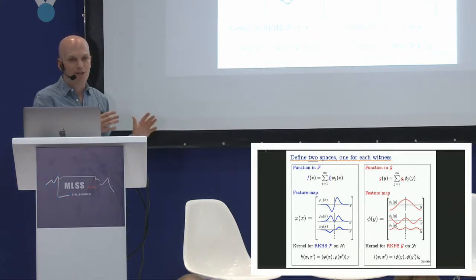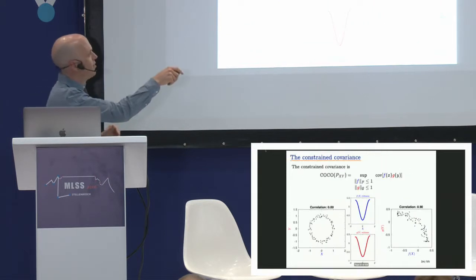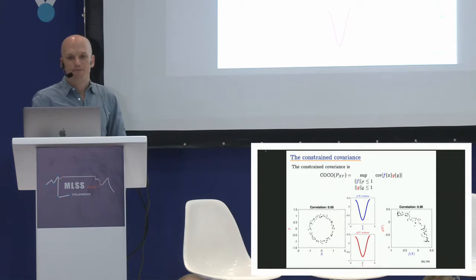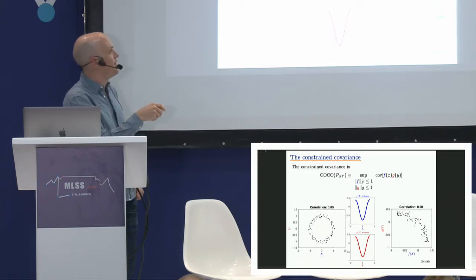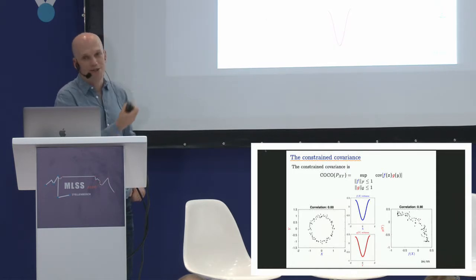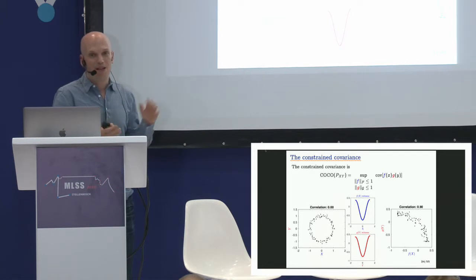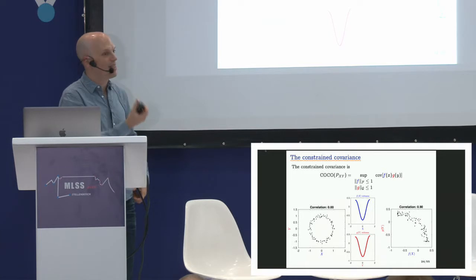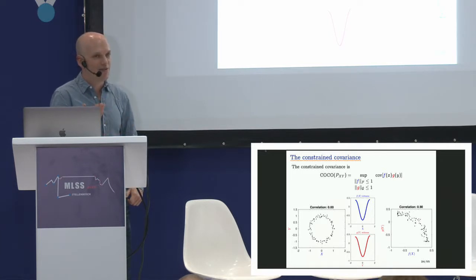If these two constraints hold, then this thing is correctly defined. And this is actually what I'm plotting here. I'm plotting this COCO. So I've solved this problem with these constraints on my f and on my g. I've plotted the transformed points, and they have really strong linear correlation. They're very dependent.